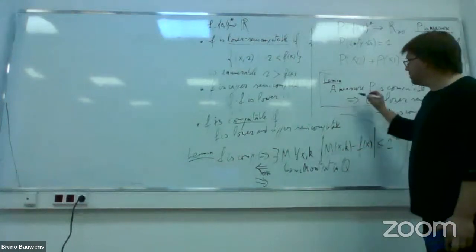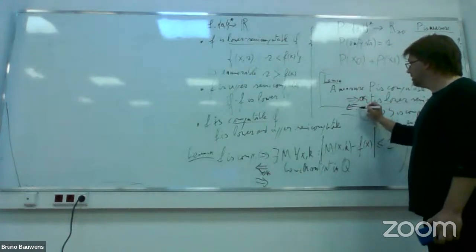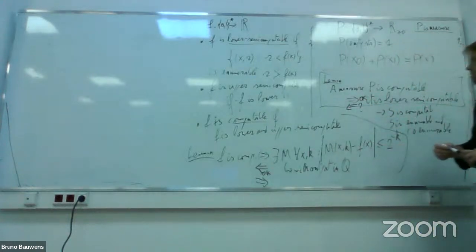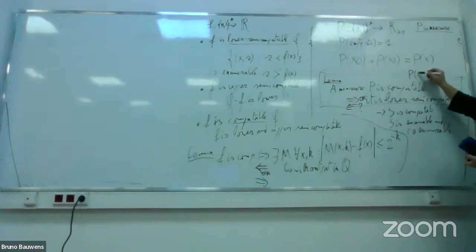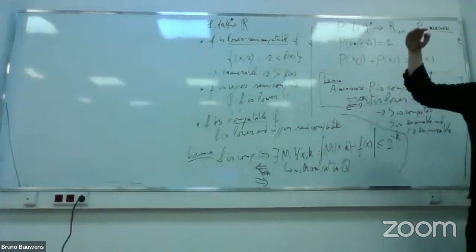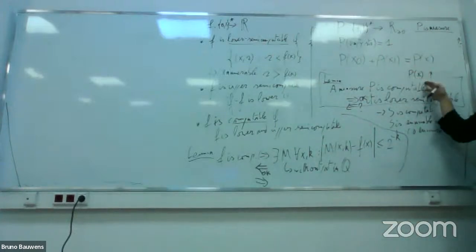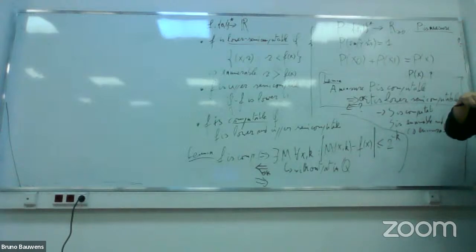So now we want to do the other direction. I give you a string x, and you can calculate P of x. You can start to approximate from below. So you can enumerate the rational numbers. They are increasing up to this value. But how can I enumerate numbers that come from above and decrease downward?